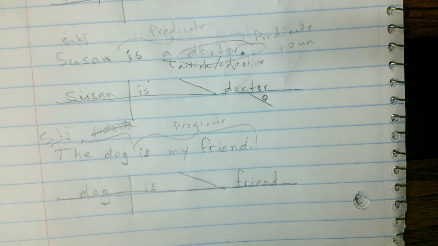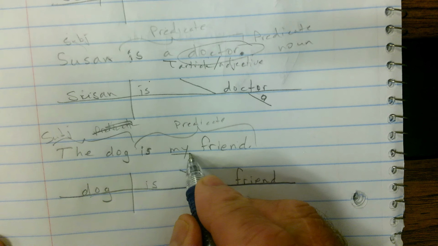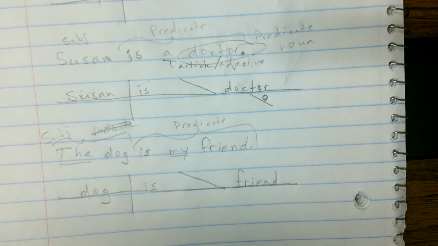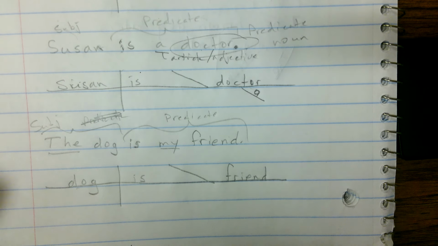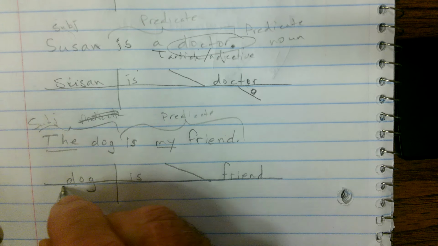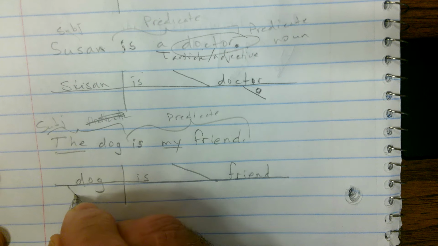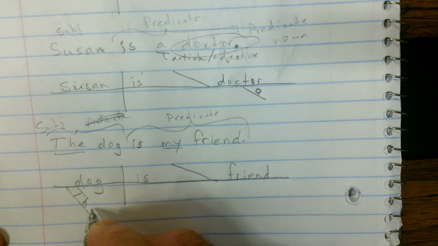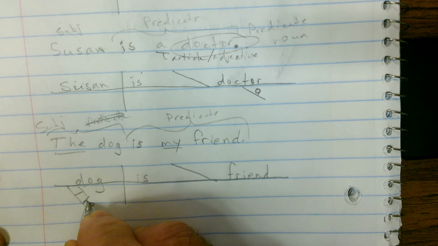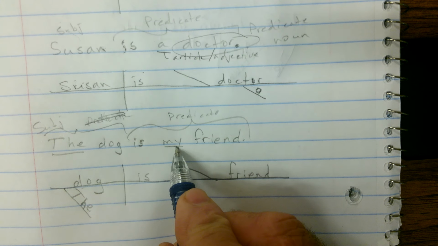Now, we have two adjectives. We have to decide which adjective modifies which word. Well, we know from before. The dog, and this is a pronoun.